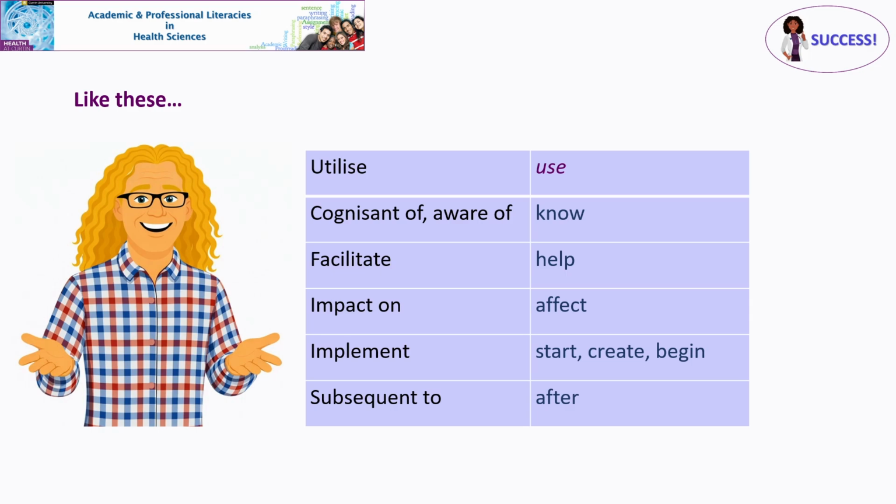Implement, okay, to start, to create, to begin. And subsequent to, after. I'm not saying that every time you should replace these more technical words, but don't think that you have to use these all the time. In fact, clarity of understanding is very important, the most important element.